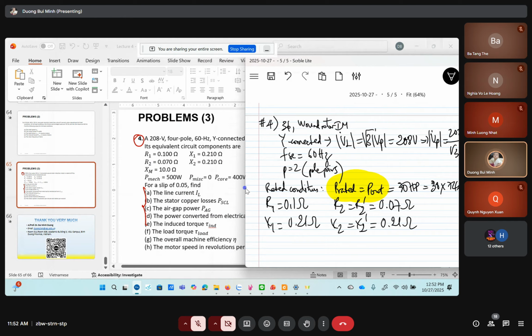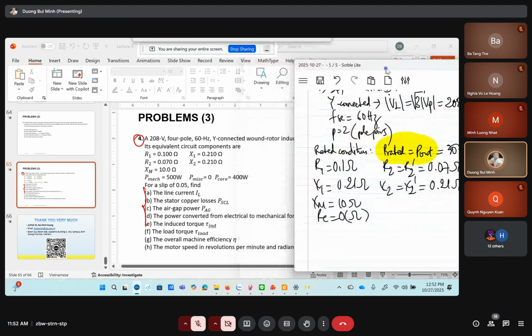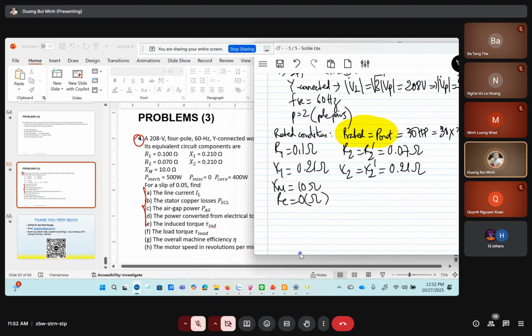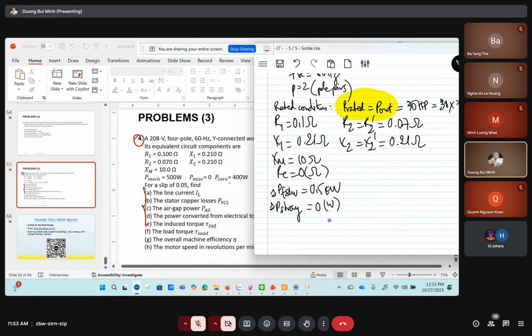We have XM is 10 ohm, RC is infinity. Next, we have delta P mechanical loss, meaning friction and windage, 0.5 kilowatt, and delta P stray is 0 watt. Then delta P core is 0.4 kilowatt.